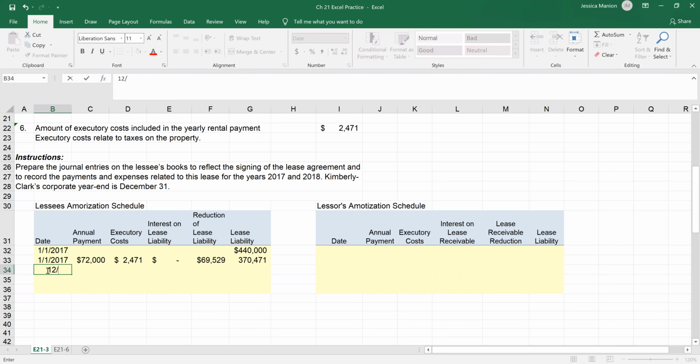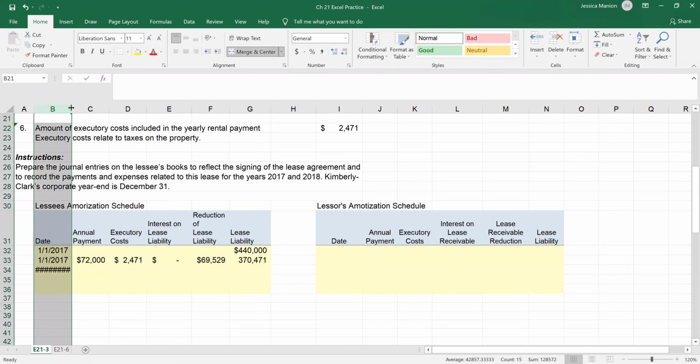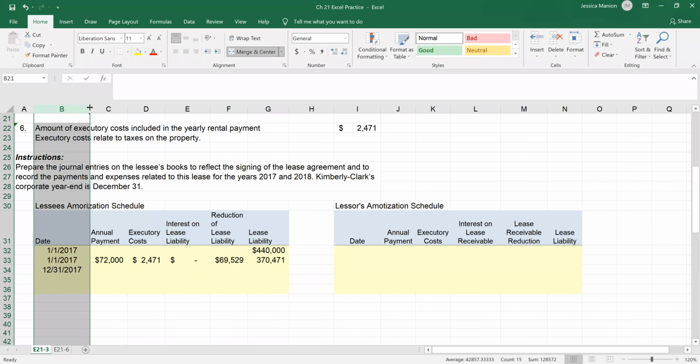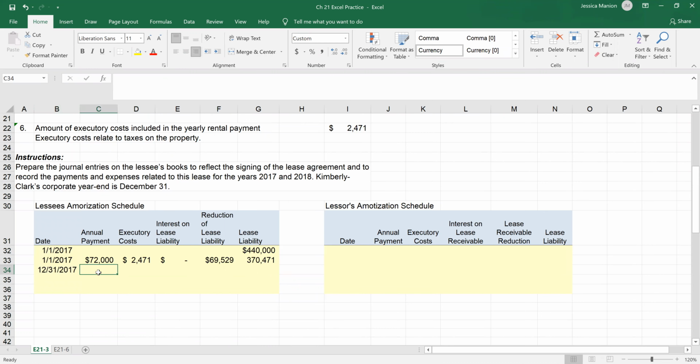Now we get to the end of December. Again, we've incurred some interest cost now. Same annual payment that we're thinking about. I guess maybe the best way is just to say 1118.